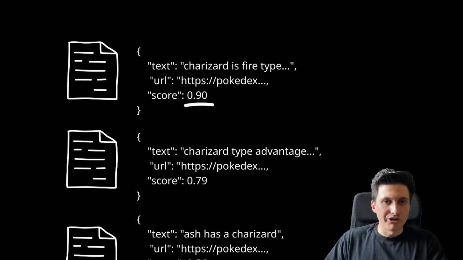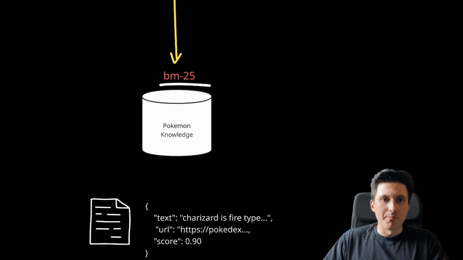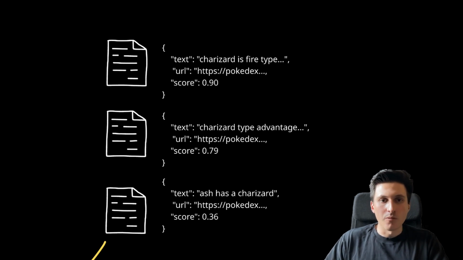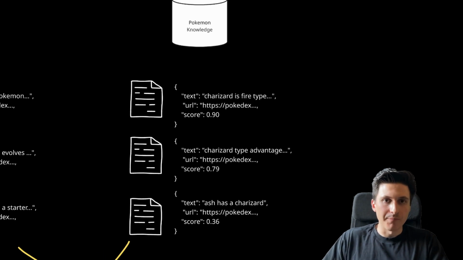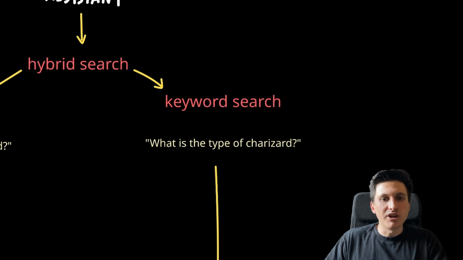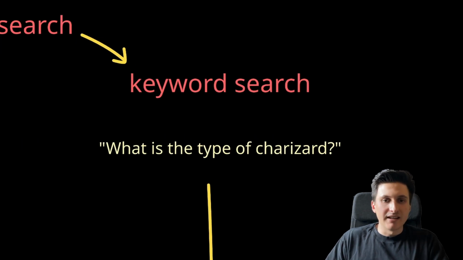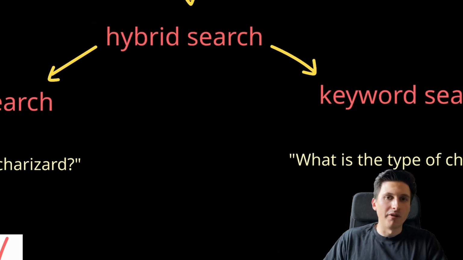And it will also return a score, which represents how much confidence BM25 has that this document is indeed relevant to the query. But we're not only going to do keyword search, because like I said, it literally looks for syntactic similarities, and we might miss a lot of relevant documents that way.